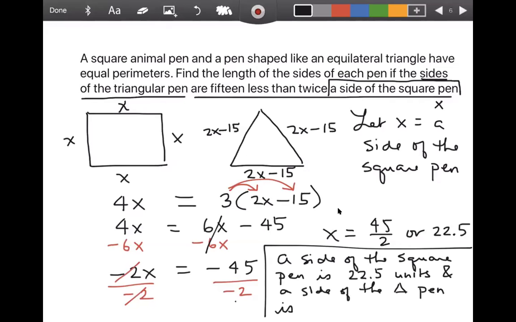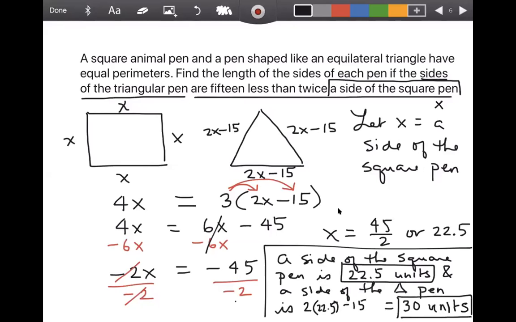A side of the triangular pen is 2x minus 15. So why don't we just do it here? 2x minus 15. If I put a 22.5 in there, 2 times 22.5 is 45. 45 minus 15 is 30. Okay. So the square is 22.5 units on a side, and the triangle is 30 units on a side.